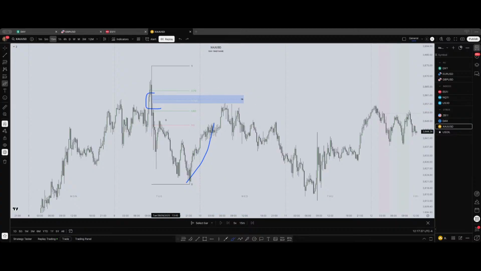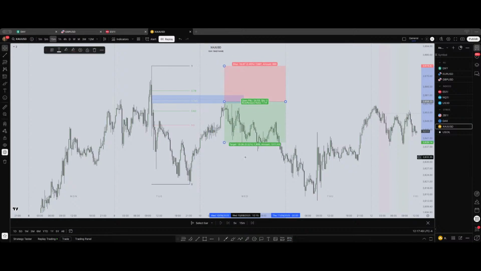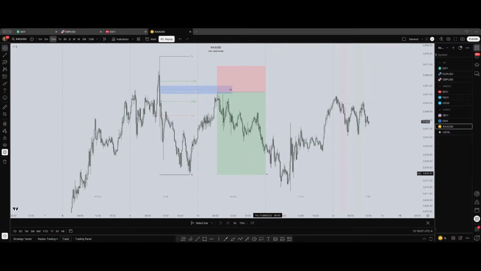And yeah, I took a short position here. You can do this targeting this low, and the stop loss you can put at the high or at the midpoint of this wick, like this. So that was the target, and yeah, it was a nice setup.